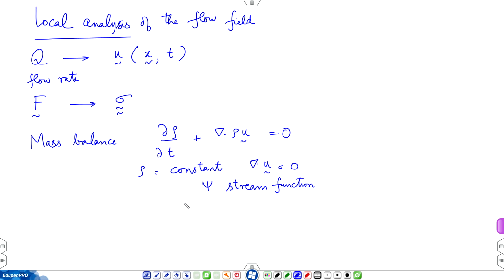Defined as, where u and v are the x and y components of velocity.